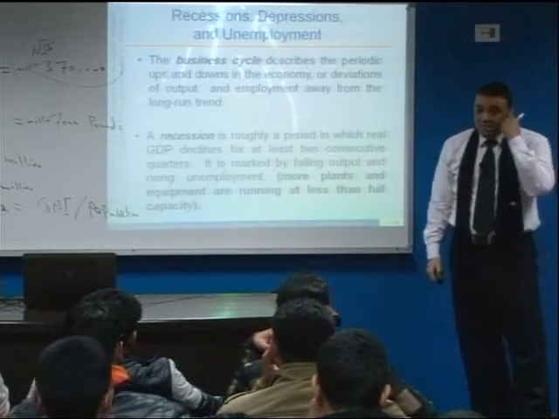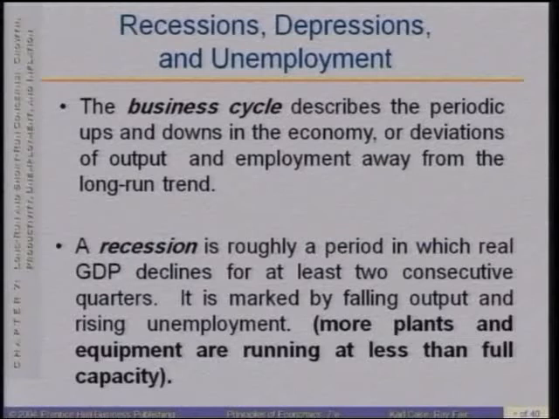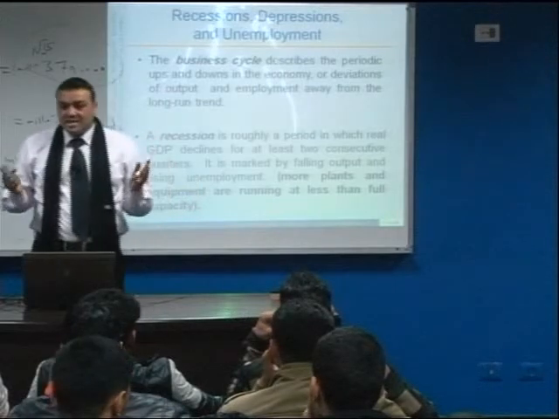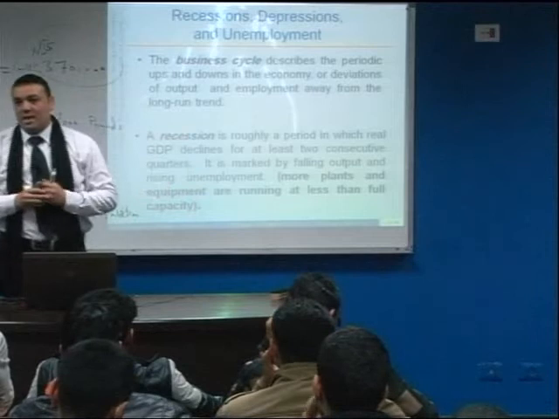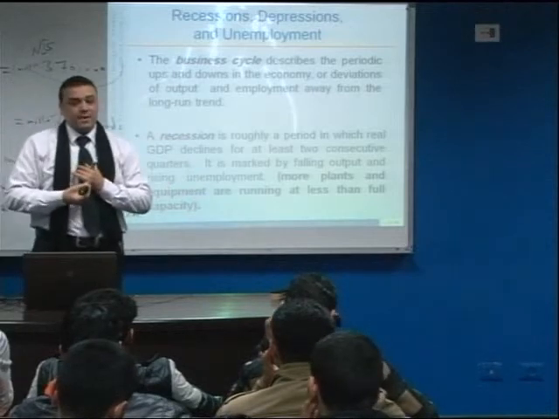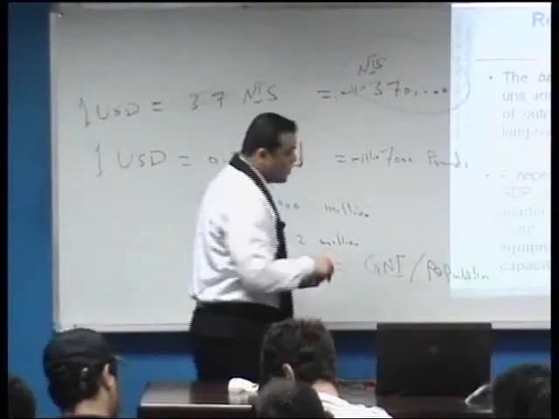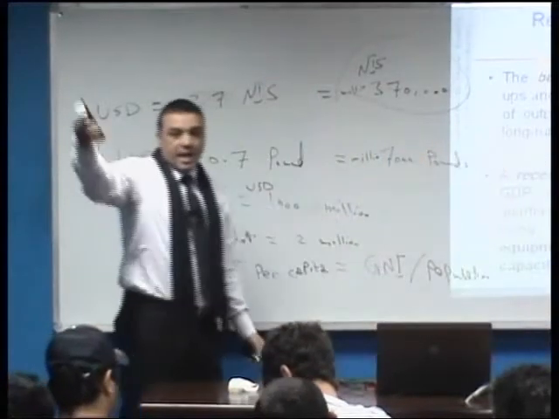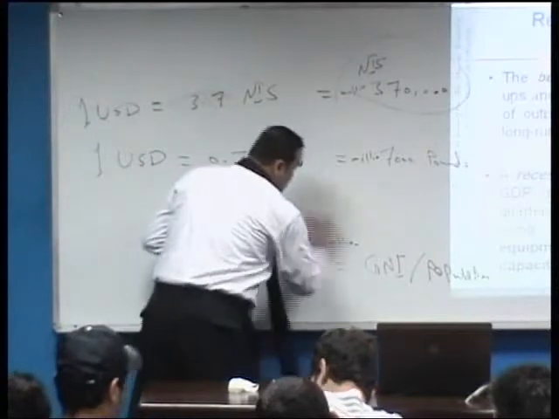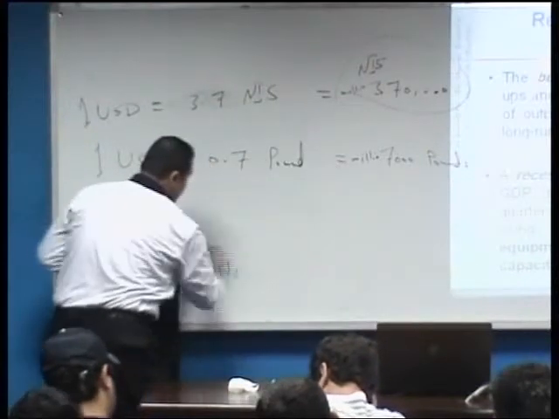Let's come back to some definitions that we have studied in chapter 1. The business cycle. What's the business cycle? Exactly, it's the short-term ups and downs in the economic activity. And when we talk about the business cycle, as you know, we were talking about expansion and recession or contraction in the economic activity.